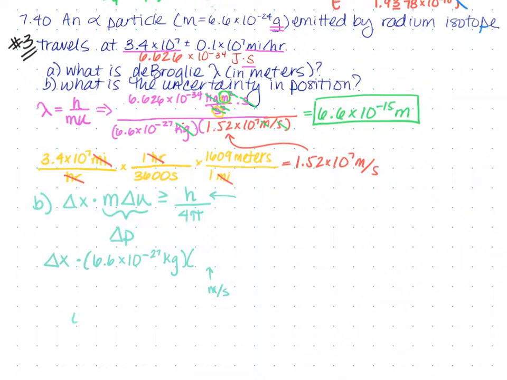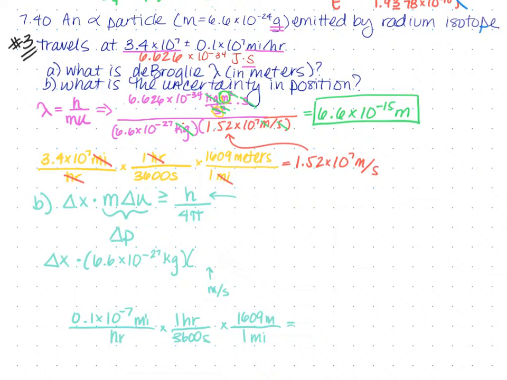So I need to take my uncertainty, which is 0.1 times 10 to the 7 miles per hour, and convert: 1 hour is 3,600 seconds, and 1609 meters per 1 mile.